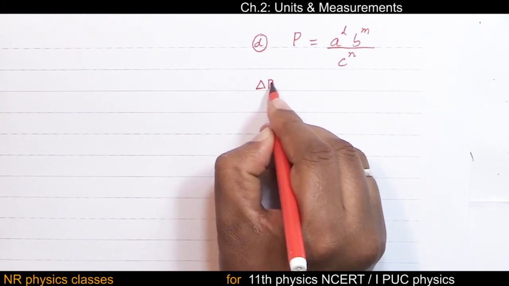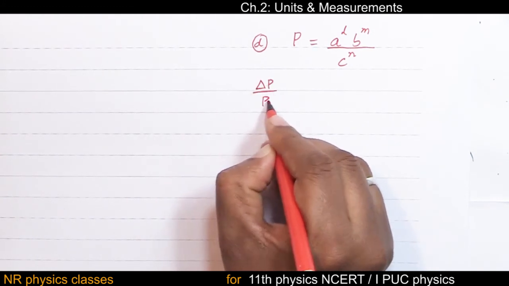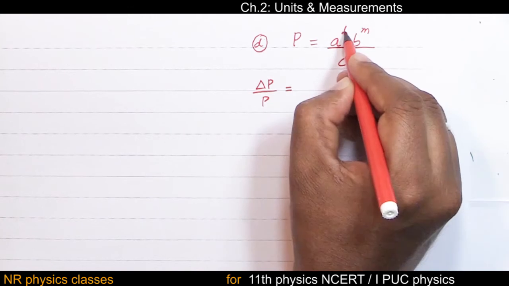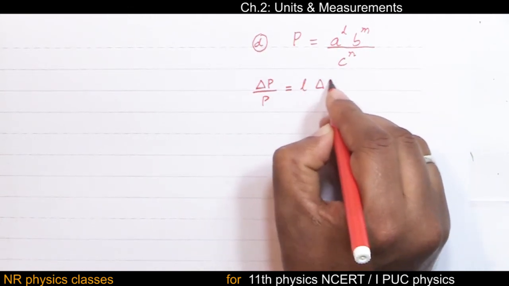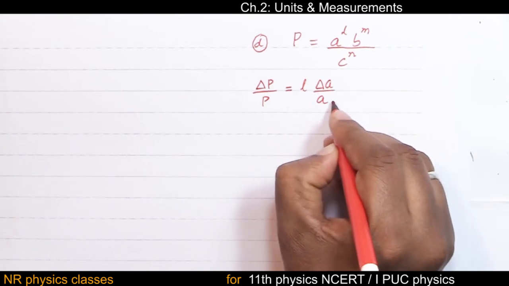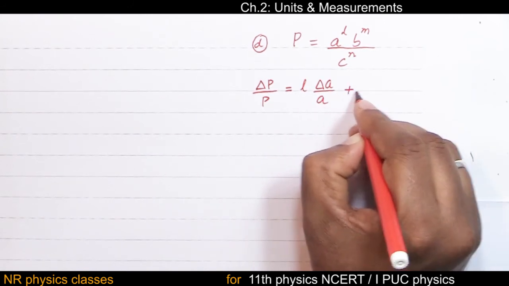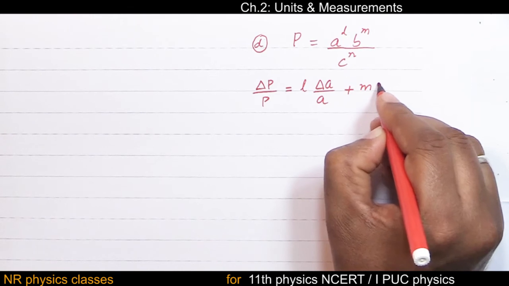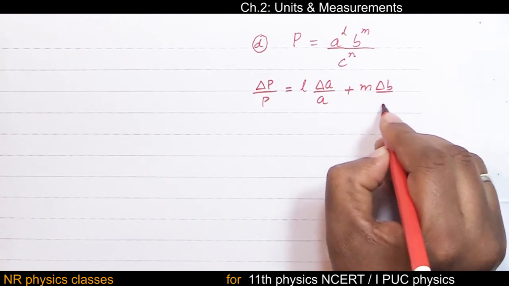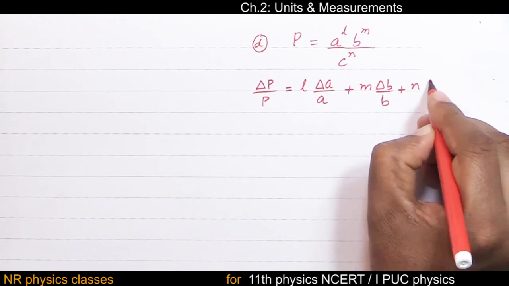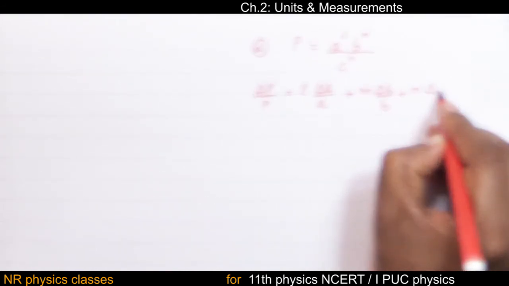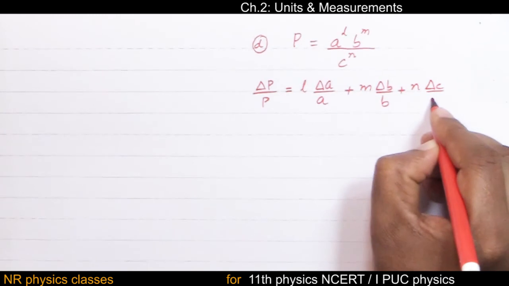The maximum relative error in the measurement of P is equal to L times the maximum relative error in the measurement of A plus M times the maximum relative error in the measurement of B plus N times the maximum relative error in the measurement of C.